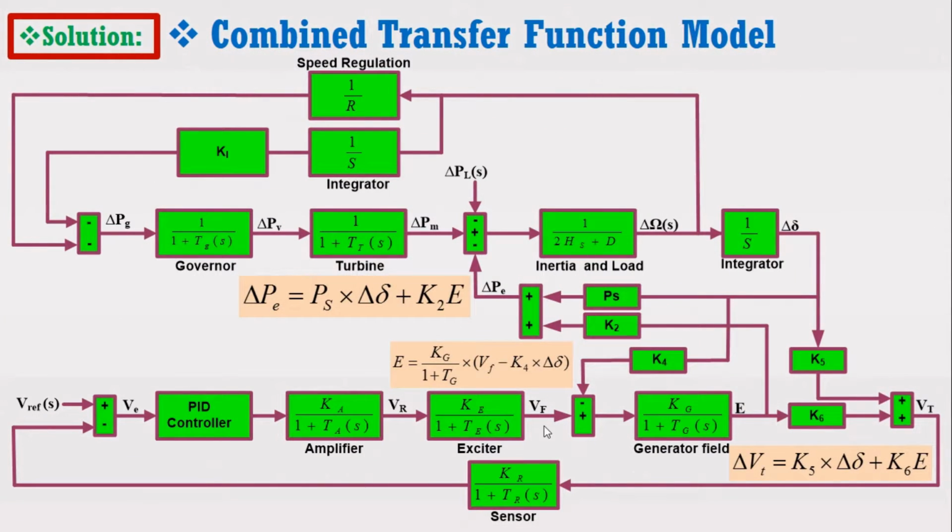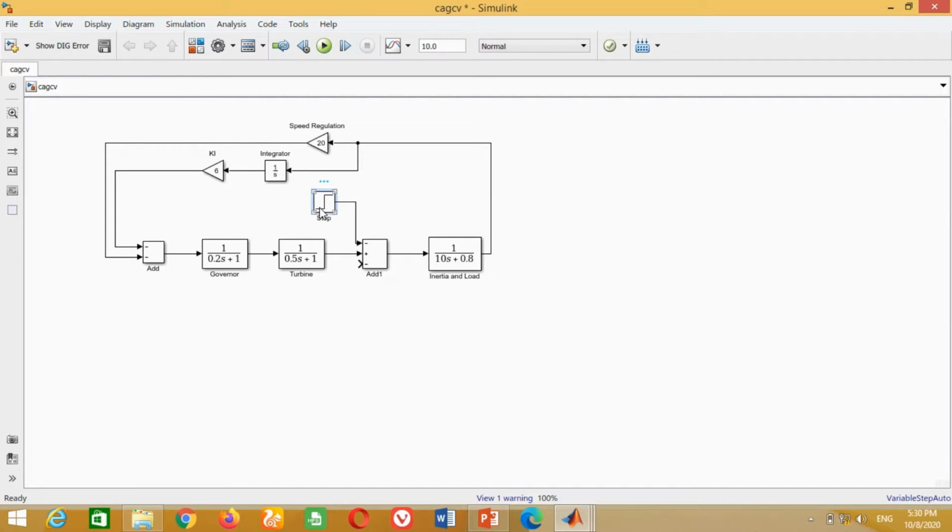Now we need the add block as well as the input signal for the reference voltage. For the input signal, we again need the step input function block. To get this, just copy this step function block and paste it here. Similarly, copy this add block and paste it here. Write here V reference to represent the reference voltage.